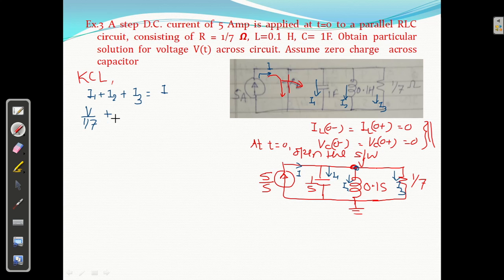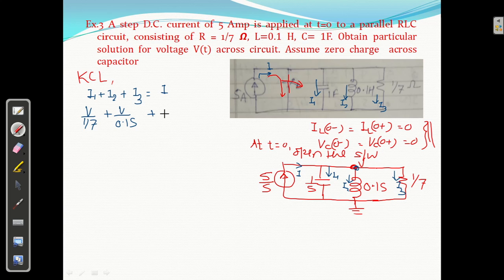Plus I2 equal to what? What is I in case of pure inductance? L will be Ls. So V by Ls. L is 0.1 S. Plus in case of capacitance, what is the capacitance? 1 farad.